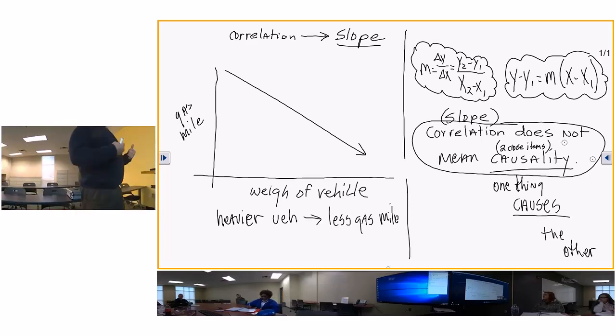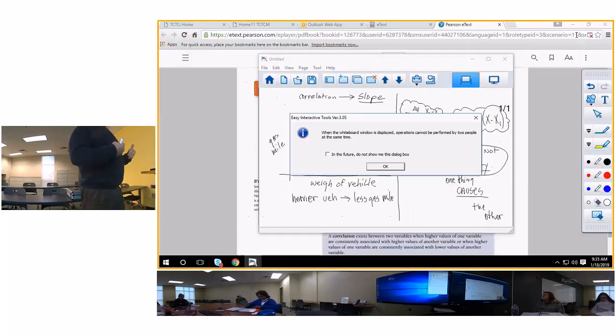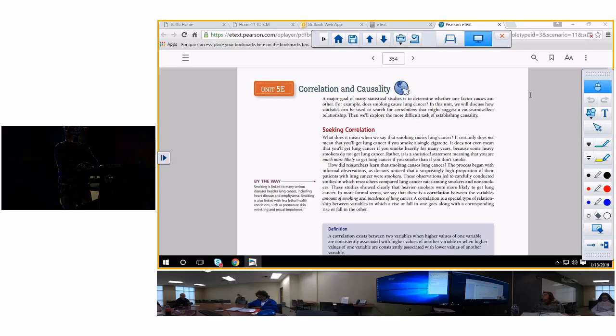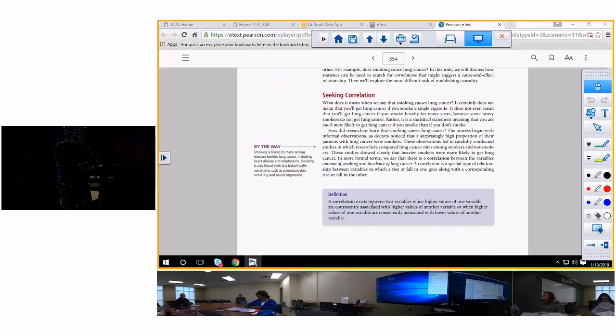Now, let's look at some of the things they're going to talk about in this section. Now that I've been through that, because that gives you a little bit of context on what we're going to be doing. Correlation, there's the definition, page 354 if you want the long version, but I like to tell students that a correlation is a pattern that relates to slope.